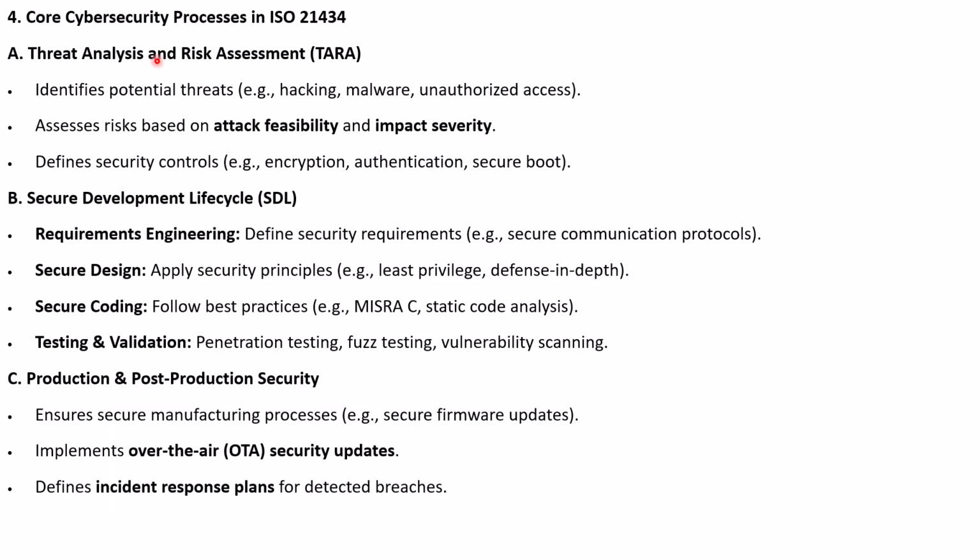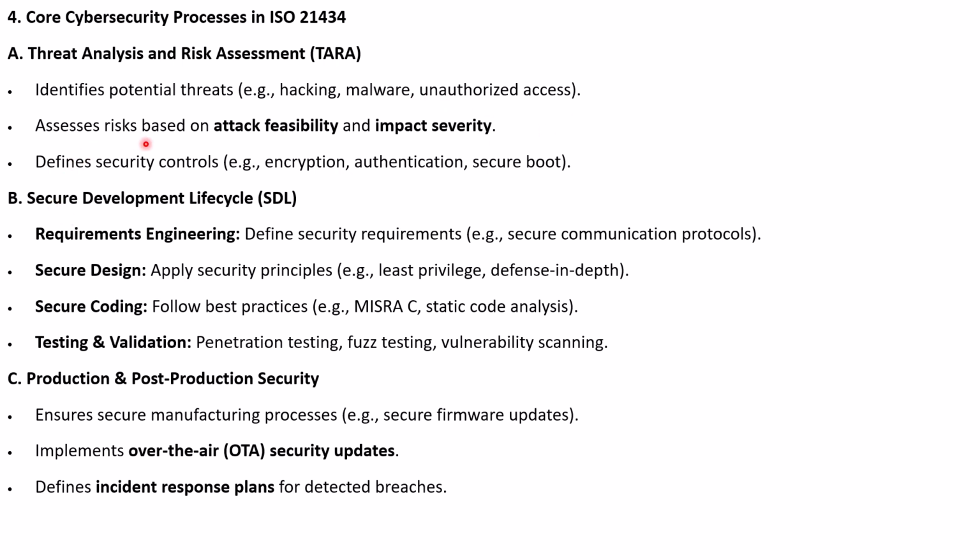Now coming to the core cyber security process in ISO 21434, the most important process, as I said in the previous slide, is threat analysis and risk assessment. This is the pivotal platform on which the entire cyber security assessment is based. This threat analysis and risk assessment, acronymed as TARA, identifies potential threats, for example hacking, malware and unauthorized access.